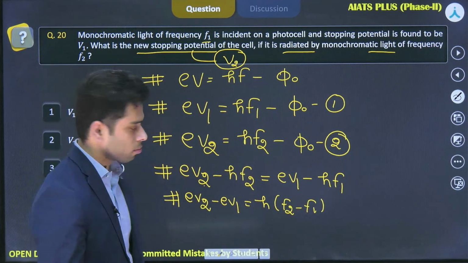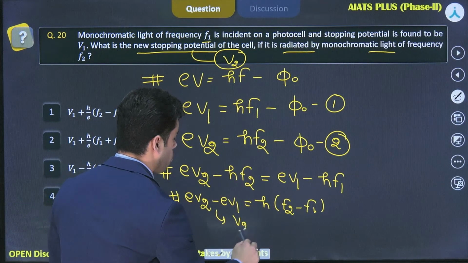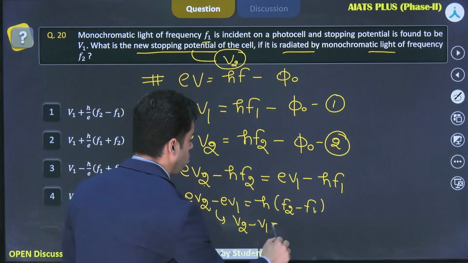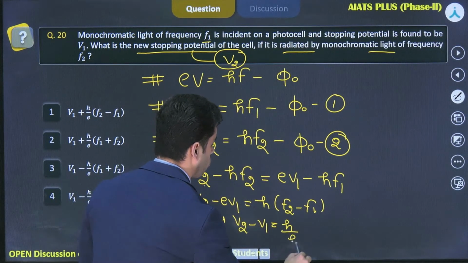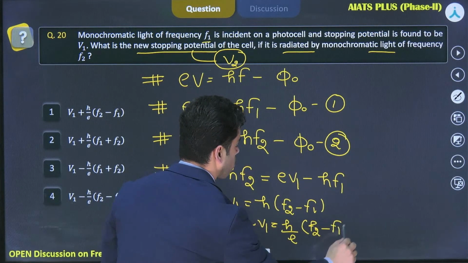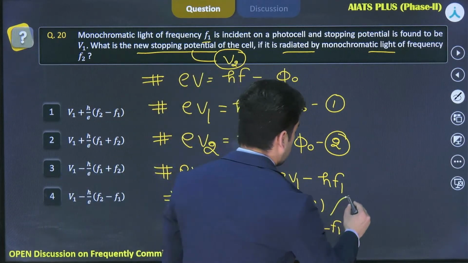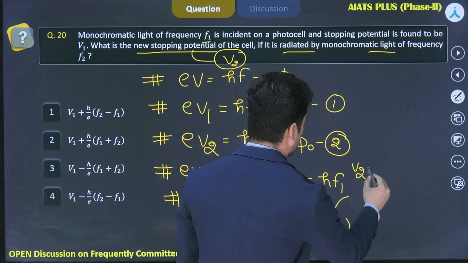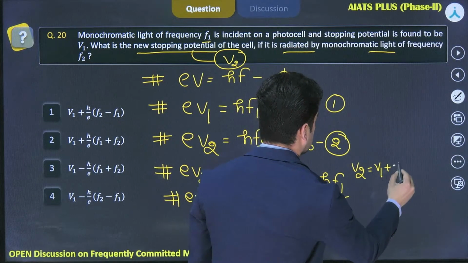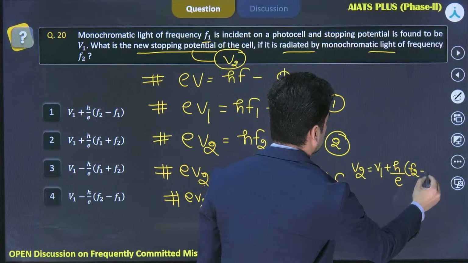If I rearrange this, it becomes V2 minus V1 equal to h by e times f2 minus f1. So V2 is equal to V1 plus h by e times f2 minus f1.